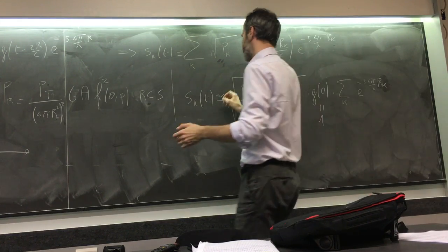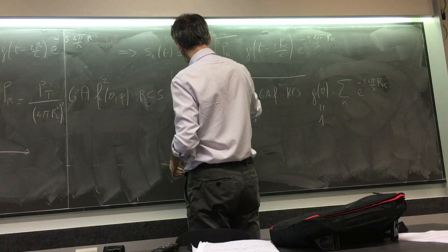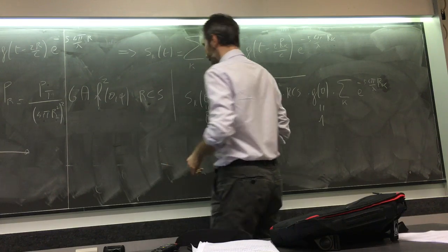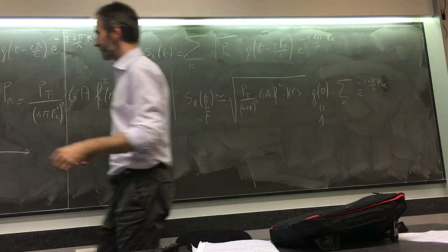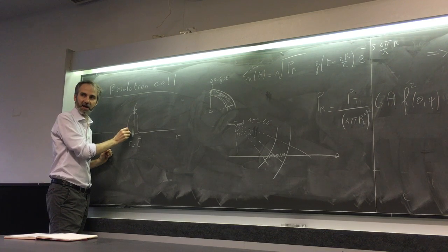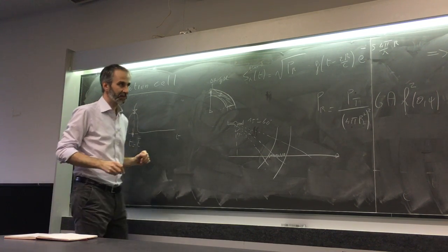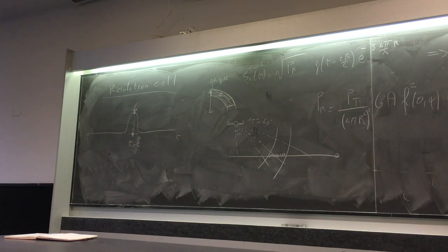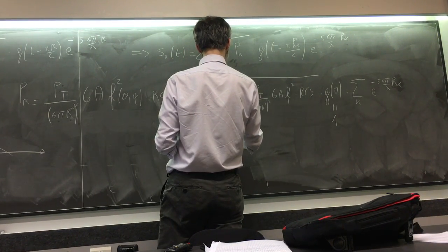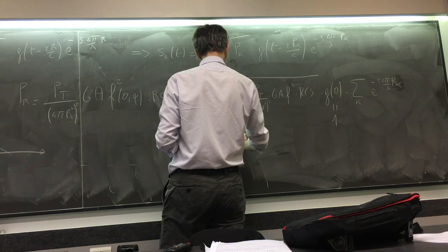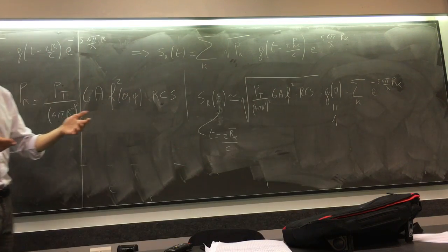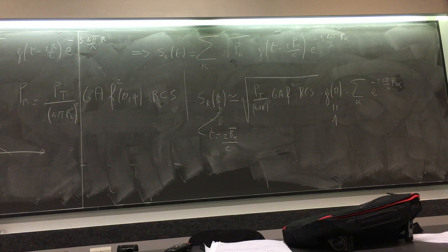Or maybe I should write it this way. I am evaluating the signal at a precise time instant, only the time instant for which t is equal to 2 divided by the c, the average distance of all the targets.